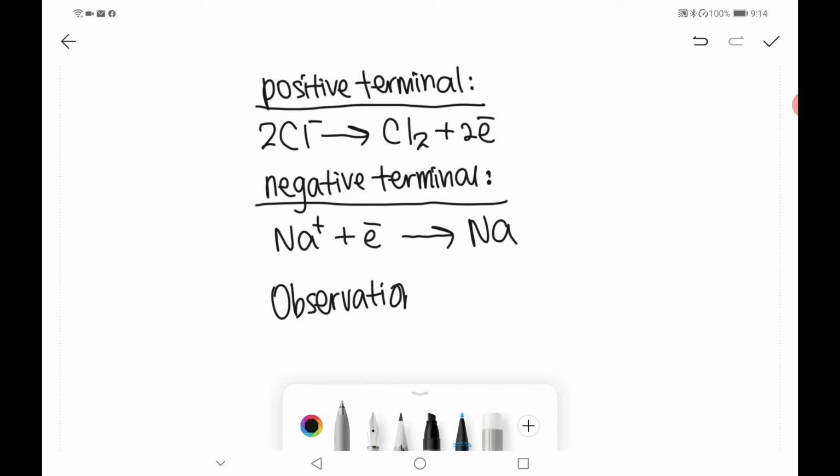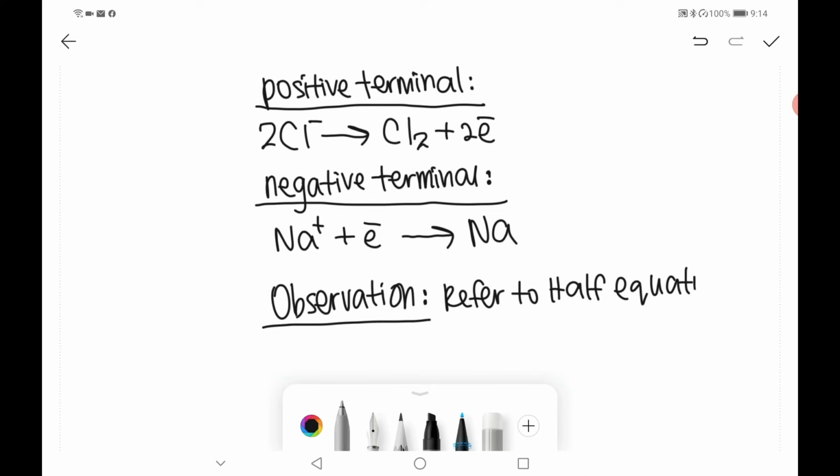Make it a habit, always refer to your half equation. Here we have two half equations, so you should expect we have a minimum of 2 observations.